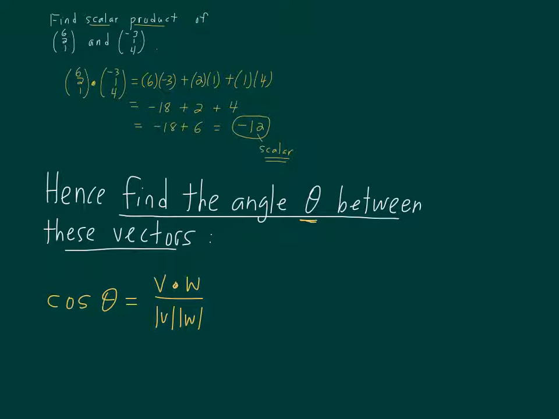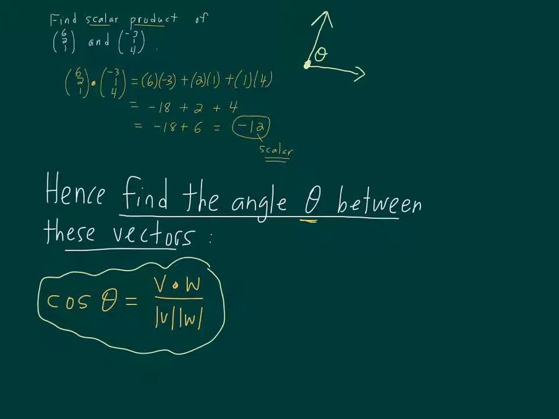If we needed to do that, this is the formula that we're going to use. Notice this is given to you in your formula sheet as well. We're not going to be able to do this accurately on our diagram here because we're talking about vectors in space, but we're really looking to find the angle between two vectors if they have the same starting point.